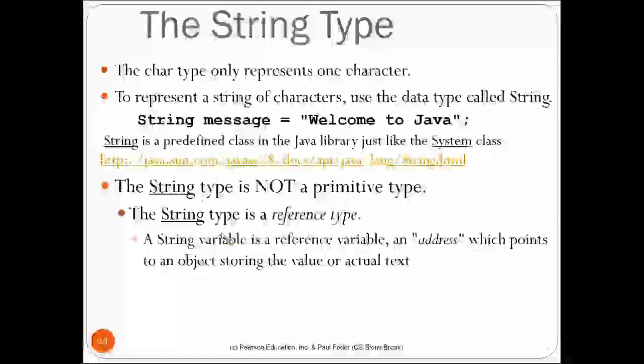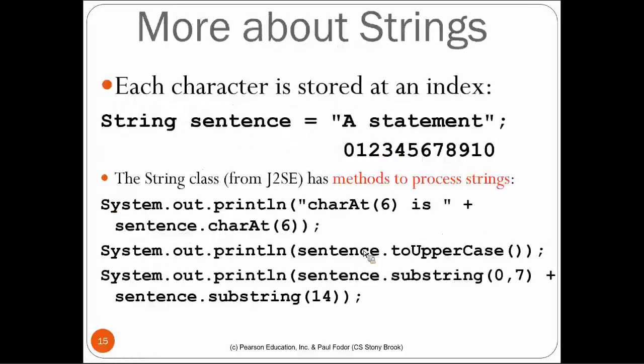The reason why is that the string type is a reference type. A string variable is basically an address which points to an object that stores that actual value. So it's not really a value at the location of that specific variable.